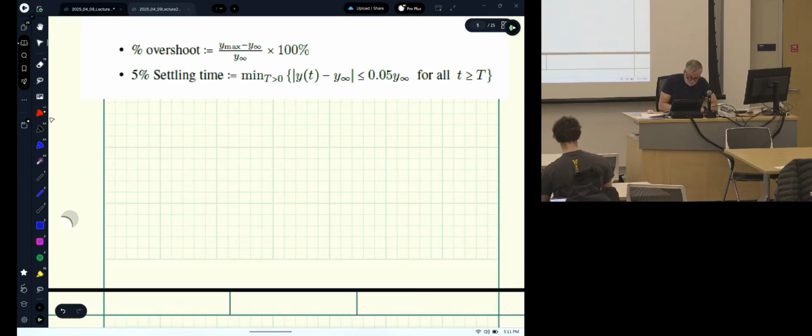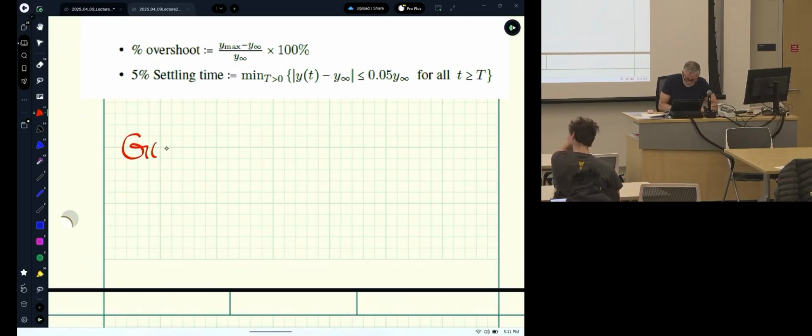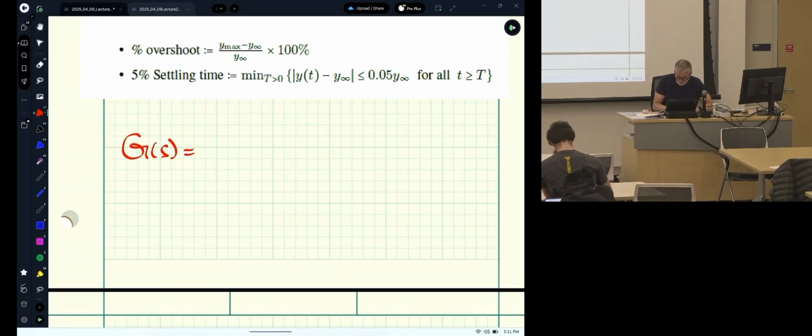Okay, so now let me define, it's on your handout, what is called a standard second order system.